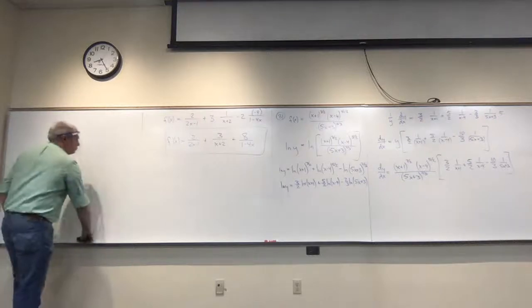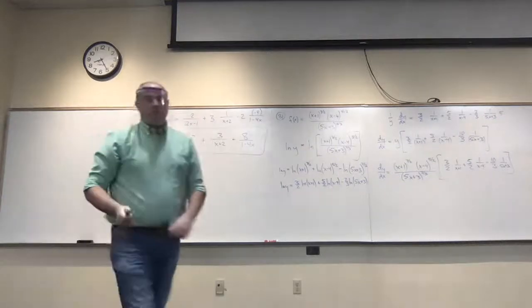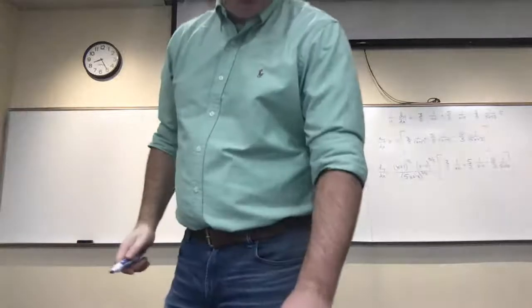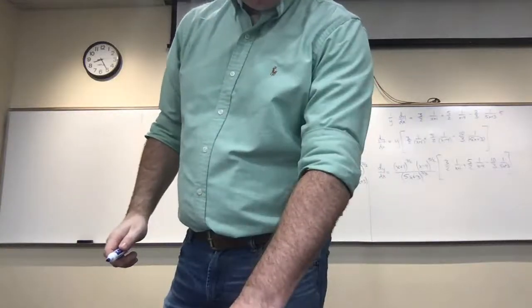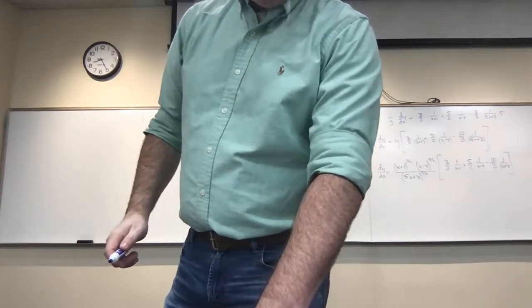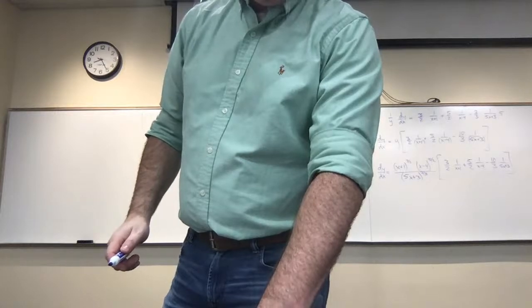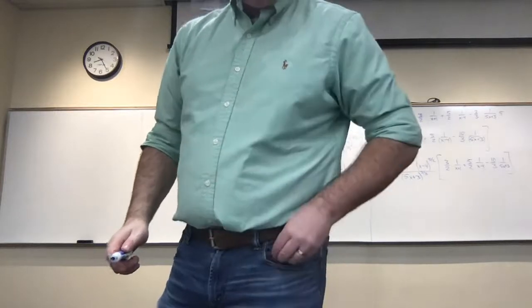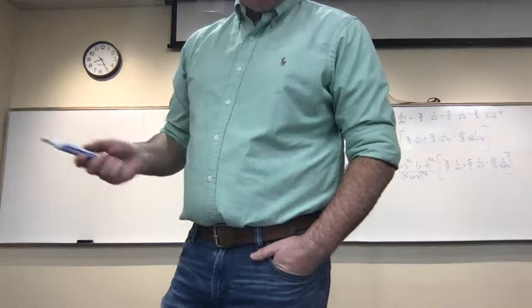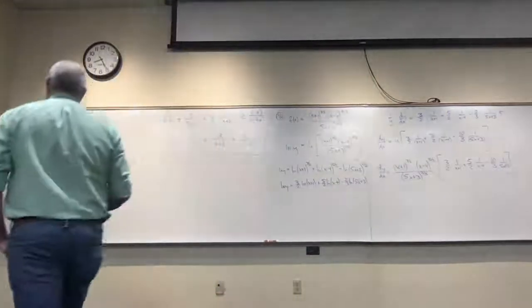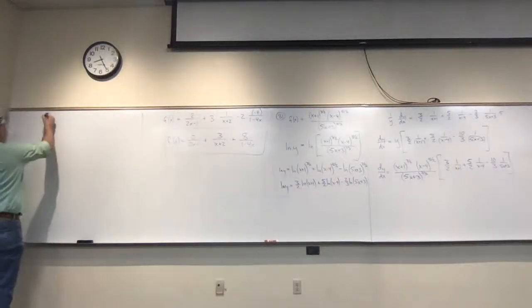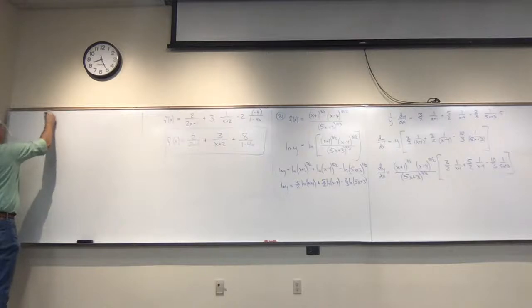So number 65, we have y equals cosine x times ln of cosine squared of x. Was this 65, did you say?